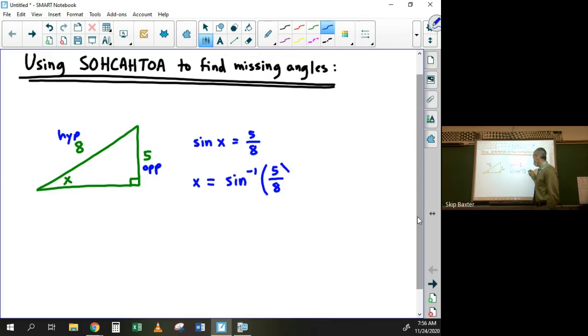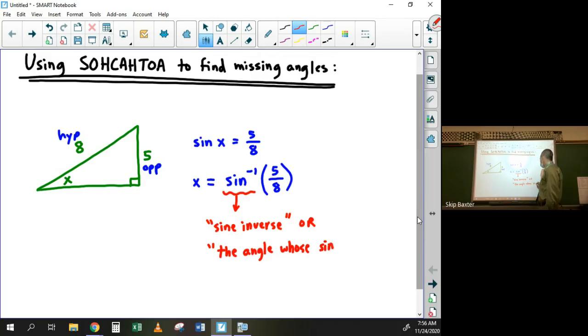The way that you would actually talk about this is you would either say sine inverse of 5/8, or you could say what it actually means is the angle whose sine is whatever follows. So in this case, the answer is the angle whose sine is 5/8.